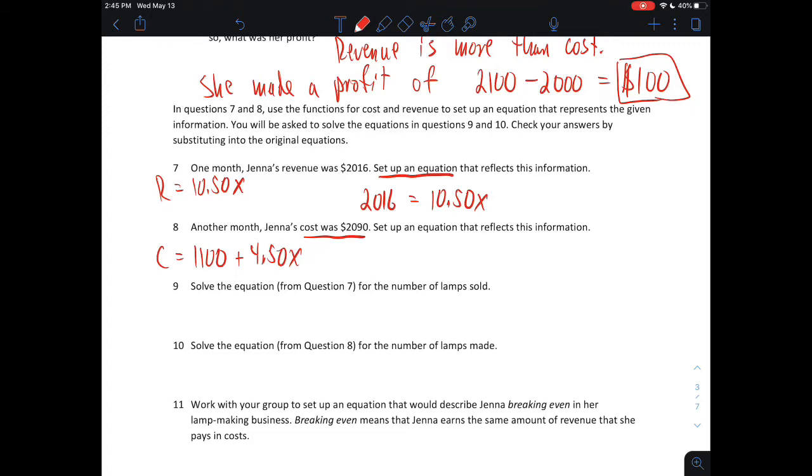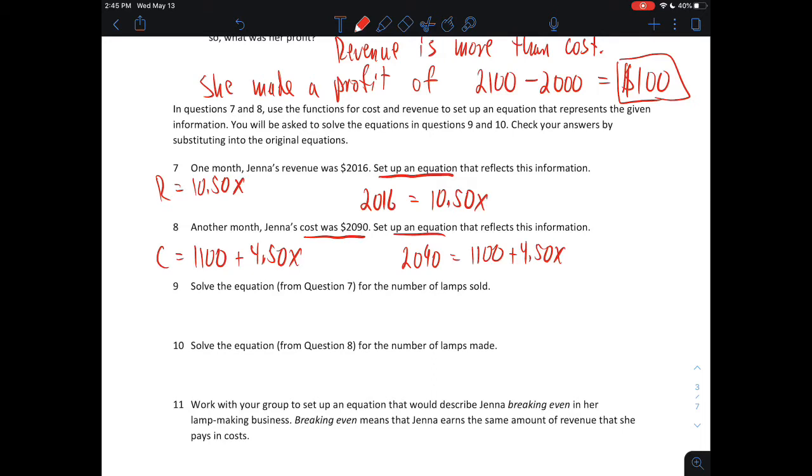But now, again, we're not replacing x with the number of lamps. We're replacing capital C with what was the cost for this month. So the equation would be 2,090 equal to 1100 plus 4.50x. Okay, so those are our equations.